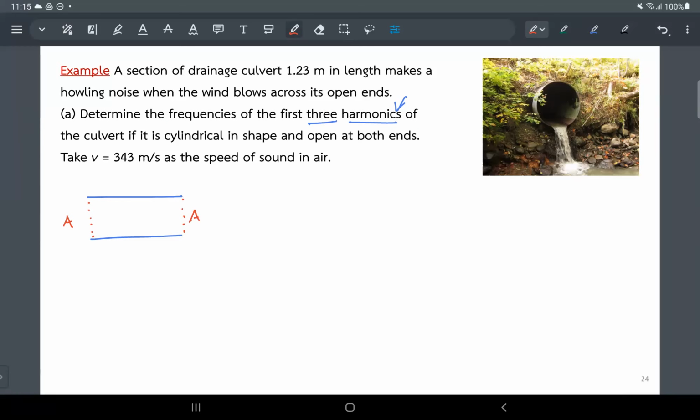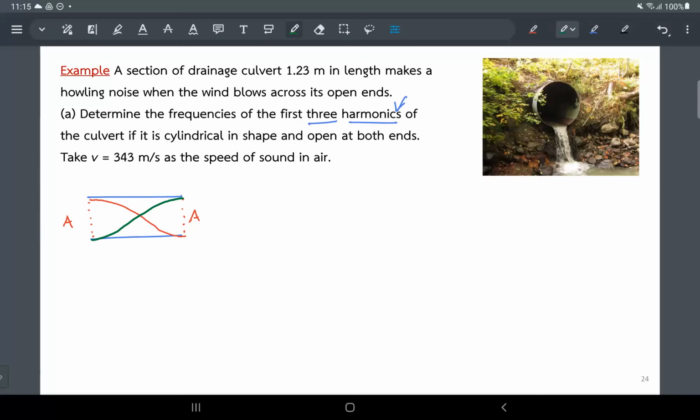So all you need to do is just draw the shape of the wave in this tube to match these ending conditions, or you can say the boundary conditions. The easiest one that you can do is just doing the one loop over here, and then you can just do it on both sides.